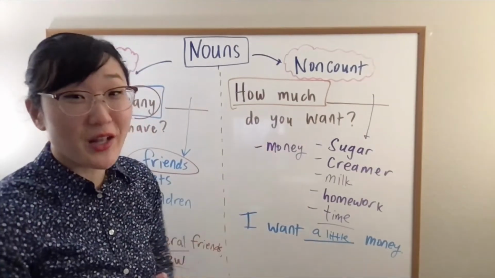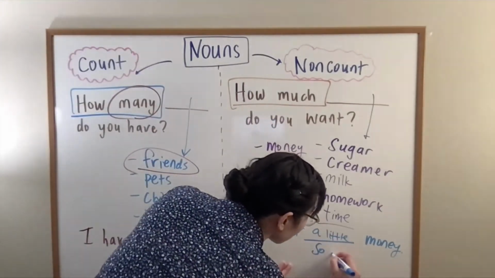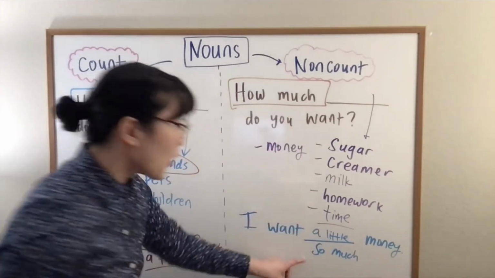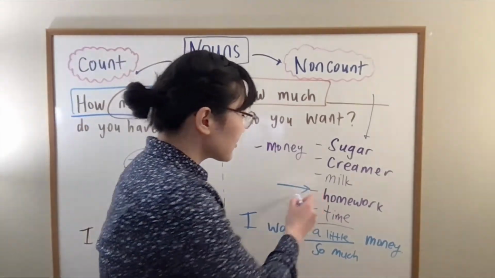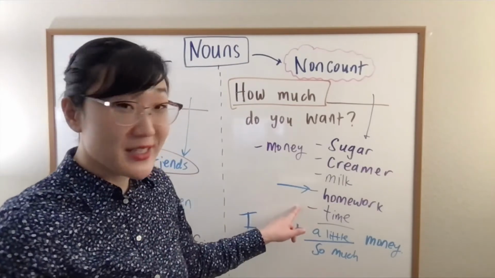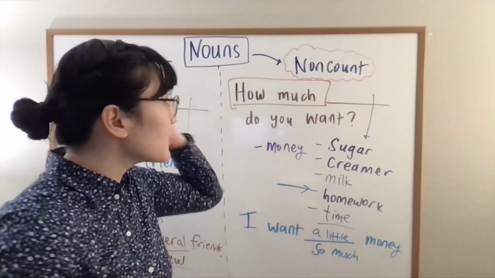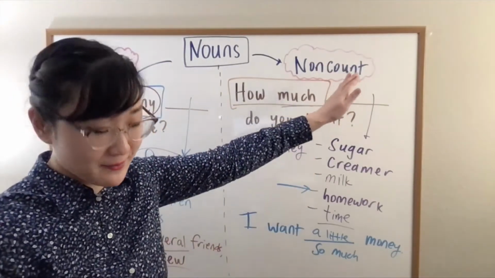Not too much, a little. Or I want much, maybe so much. So much. Sometimes my students say, oh, Caroline, I have so much homework. I don't have much time. Okay, so listen, we use the word much in front of our non-countable nouns, right?